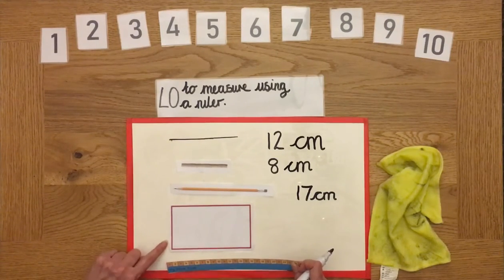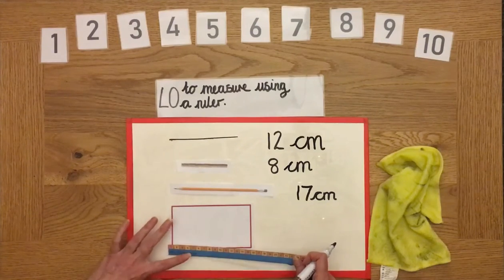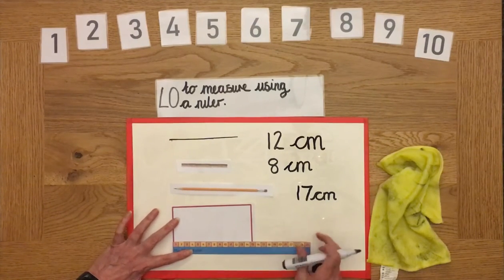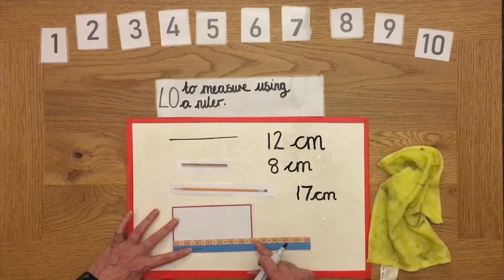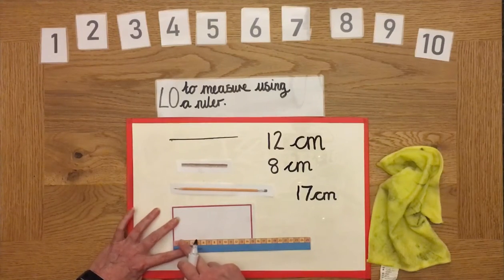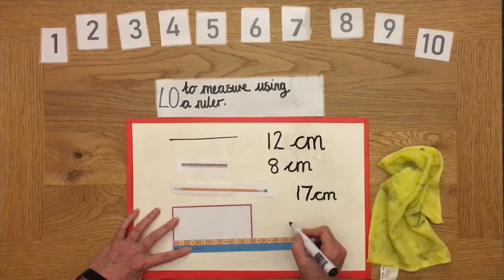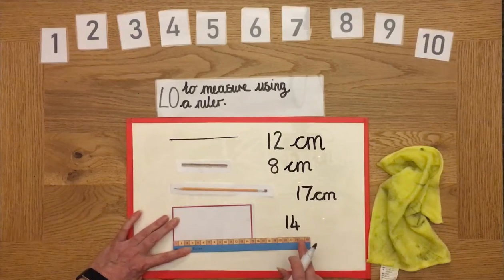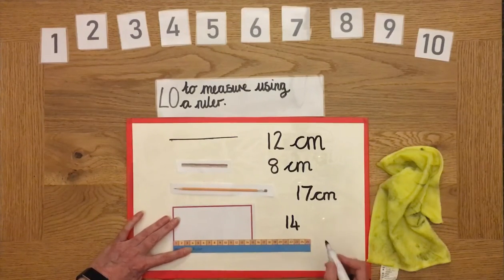Remember, I'm not going to measure from the edge of the picture. I'm going to measure from the edge of the rectangle. Let's go all the way. Now I know it's gone past the 14, but it's not quite got to the end of 15. So we know that the edge or the side of the rectangle is 14 centimetres long.